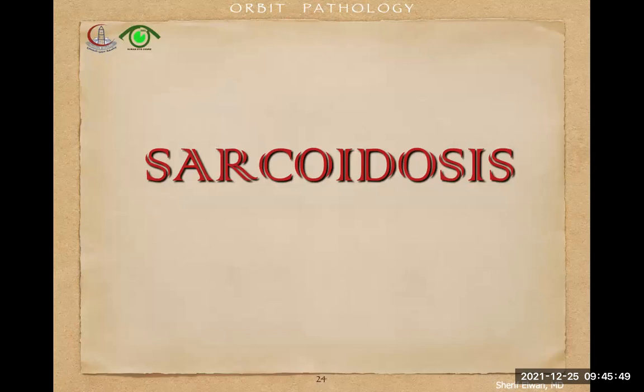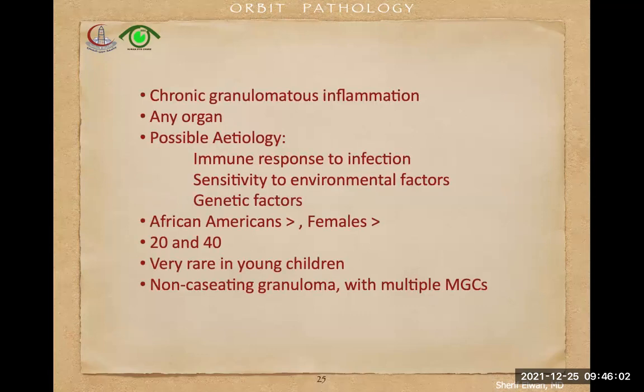Now we shift to another variety of chronic inflammations of the orbit, the specific type, which is sarcoidosis. And sarcoidosis is a chronic specific granulomatous inflammation, may occur in any soft tissue organ in the body.